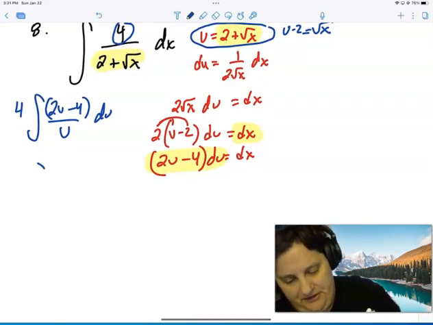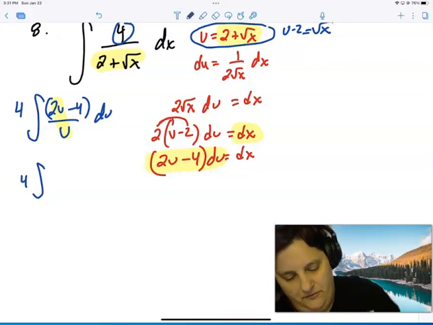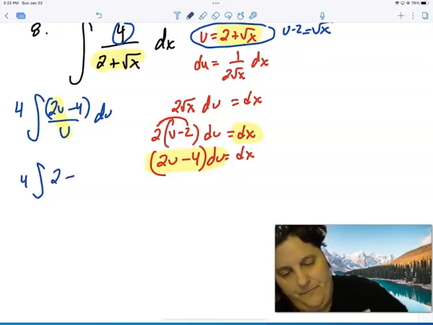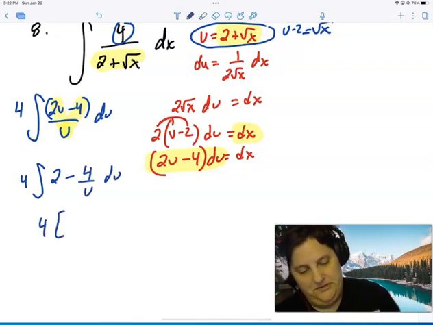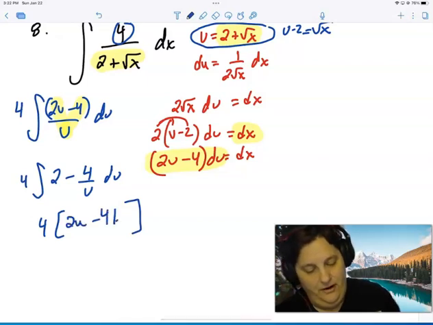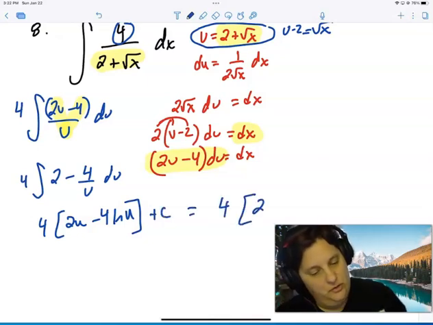Now I can split the fraction. So 2u, if I split it this way, 2u over u is just 2. And then 4 over u, I'll go ahead and leave that as 4 over u, because then this becomes 2u and 4 ln u. And then u is 2 plus square root x.